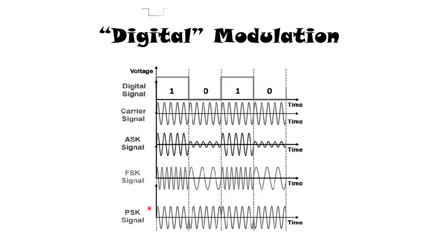Then there's also phase shift keying. I will not go into the details, but the idea is that we encode the two values as phase changes. And there are also other modulation schemes, which we will not cover, because for the purpose of this video, all we wanted to know about is ASK, amplitude shift keying.